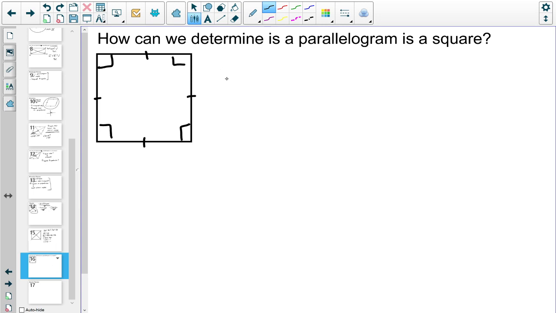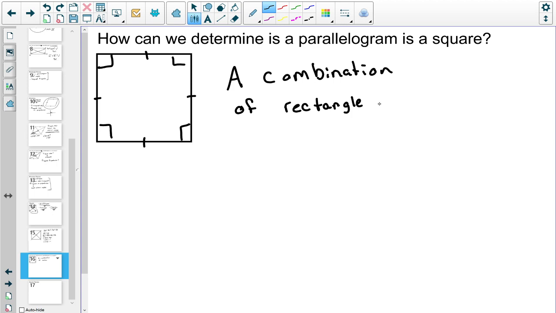We'll write this down. How do you determine if a parallelogram is a square? You have to find a combination of rectangle and rhombus properties. So let's give another example.